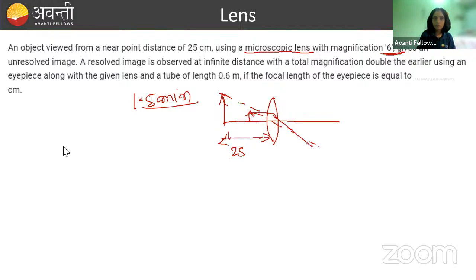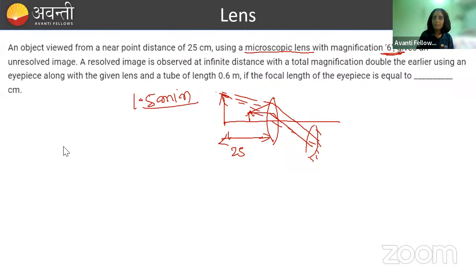Okay. So we just need to have eyes here. Okay. So this is one ray of light and this is another. They are meeting somewhere. Done. So what is written? We are able to see the object, and that is getting viewed from a near point distance of 25 centimeter by using a microscopic lens with magnification 6.